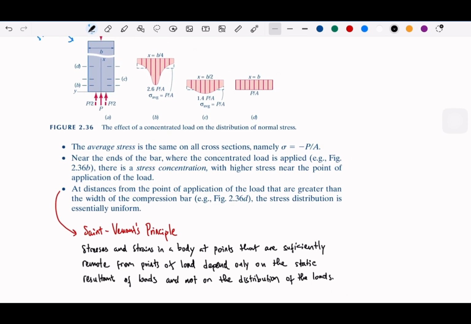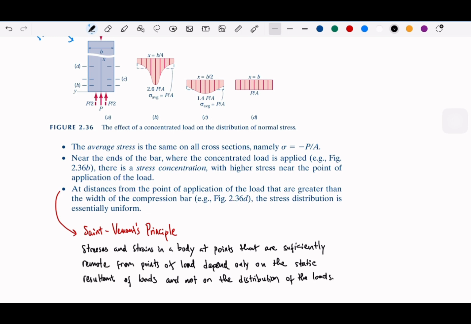So it means that this single P, if we would like to change with this P over 2, it will still be, from this point of view, this distance, similar to the first one. So it's not going to be altered or changed.